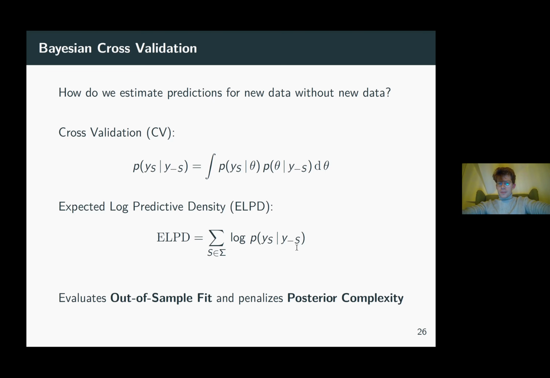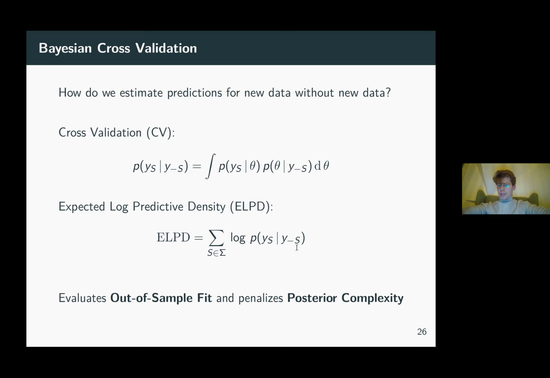So if we take this posterior predictive distribution of y_s given y_minus_s, take the logarithm of that, and then sum over a lot of these different training and test data splits, we are getting to some measure which we call expected log predictive density, or short ELPD. A detailed description of out-of-sample predictive performance and cross-validation is out of scope of this talk, but the ELPD is one central measure to measure out-of-sample predictive performance in cross-validation.